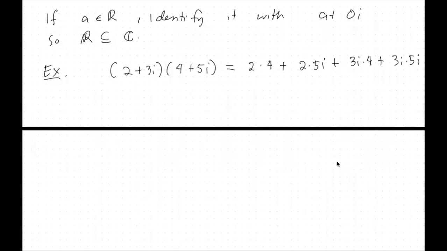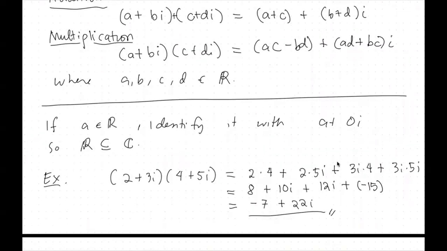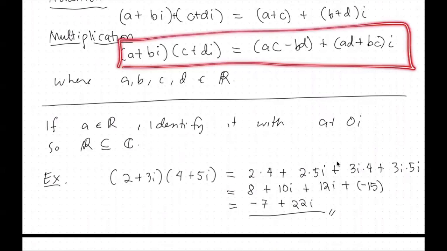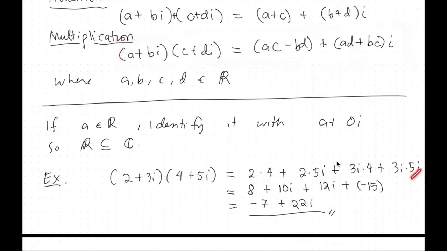And then, of course, i squared is -1. So this is just 8 plus 10i plus 12i plus -15, because i squared is -1 and 3 times 5 is 15. And then we get -7 plus 22i. You don't need to memorize this part. It's just an easy consequence of some algebraic manipulations.